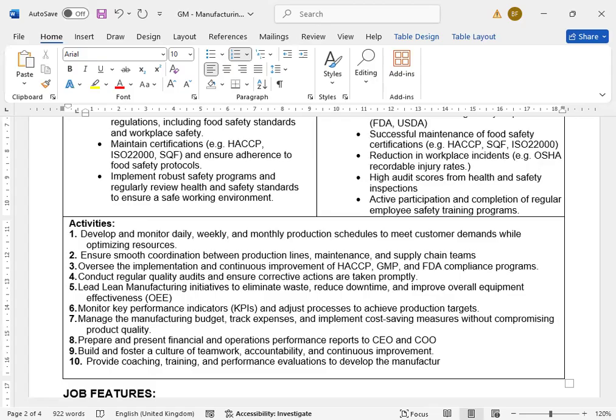Or the team? No? Okay, I say manufacturing team. All right, that's it. I think 10 activities at least.